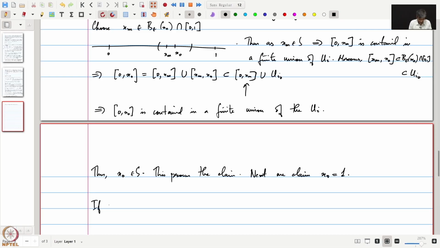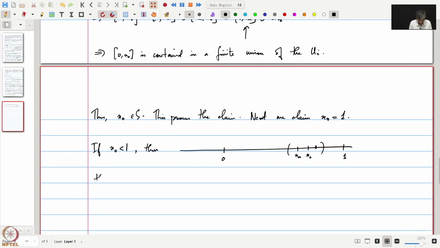Once again, if x_0 is strictly less than 1, that would mean that there is some epsilon positive such that (x_0, x_0 + epsilon) is contained in U_{i_0}. So let me make the picture once again, with this our epsilon and this our x_m.